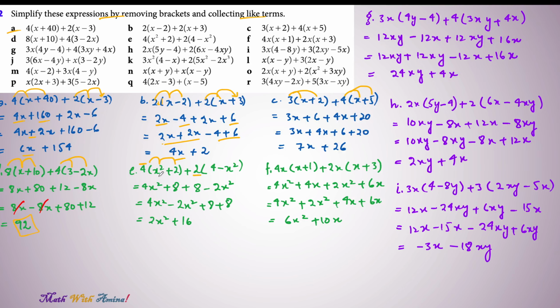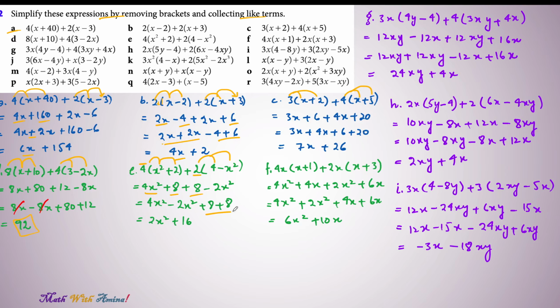So 4 gets multiplied with x squared, 4 gets multiplied with 2, then 2 gets multiplied with 4, 2 gets multiplied with minus x squared. As a result, we get 4x squared plus 8 plus 8 minus 2x squared. So combining the like terms, 4x squared minus 2x squared plus 8 plus 8.